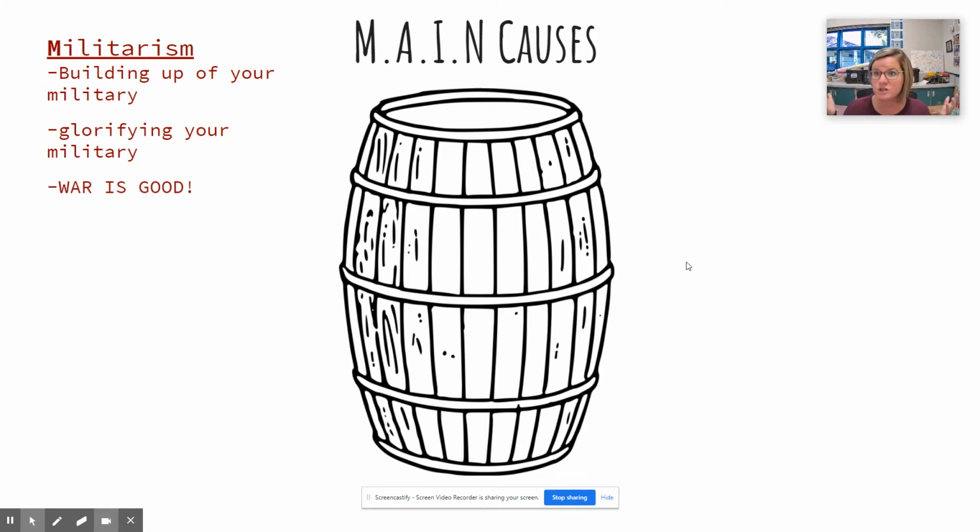Militarism also means glorifying the military and thinking war is good. We haven't had a big world war before, so everybody is kind of excited. Not excited like, yay, we finally get to fight, but everybody gets to come together and unify, and there is an excitement for war. So militarism is going to be really big.